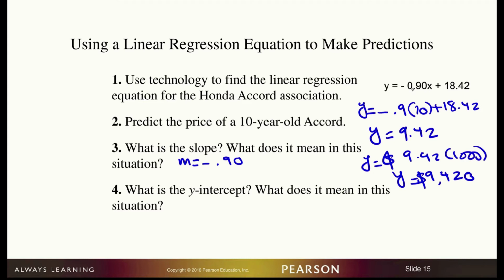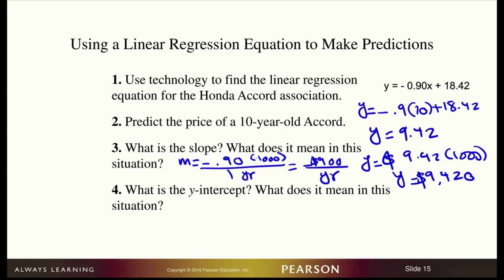You can think about it as negative 0.90 thousand over 1, and remember the units down below will be in years, right? So basically we expect the price to go down $900 per year. That's the significance of that negative 0.9.